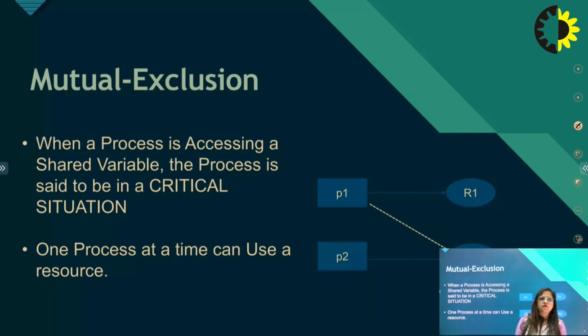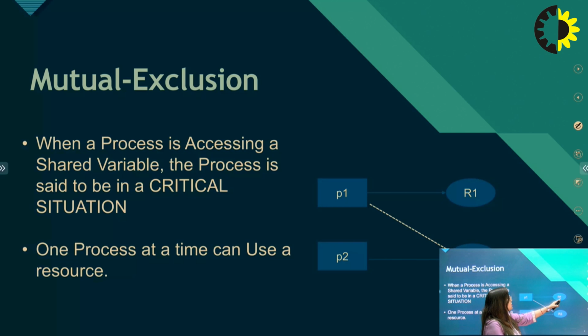Now we explain these four conditions one by one. The first condition is mutual exclusion. When a process is accessing a shared variable, the process is said to be in a critical situation. According to this, P1 and P2 are the two processes and R1, R2 are the two resources.